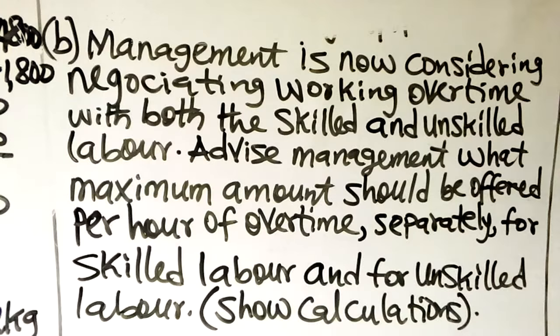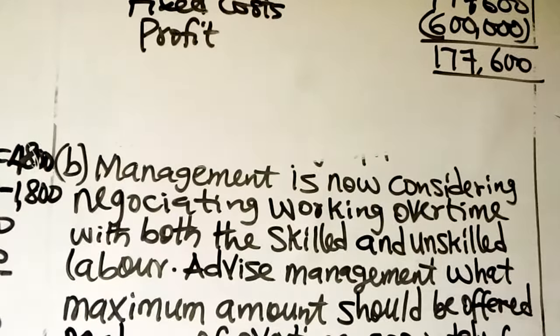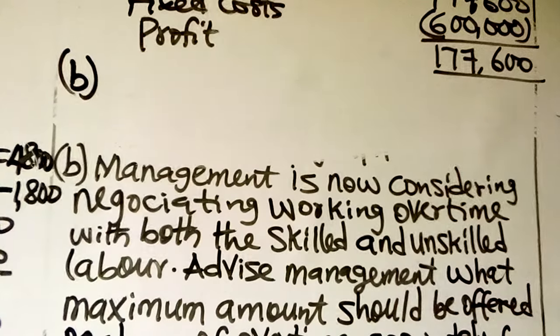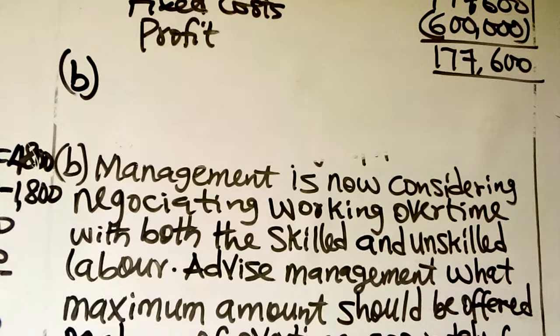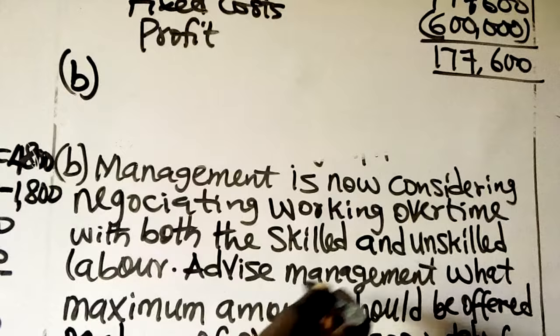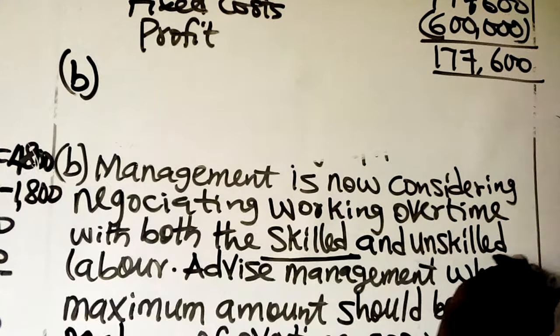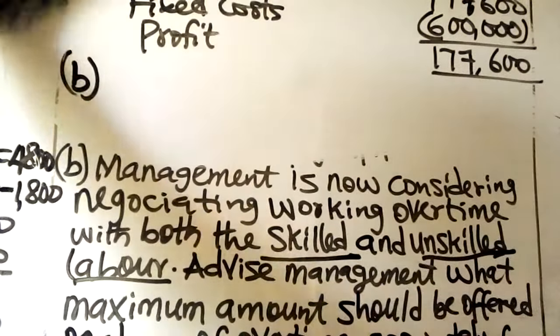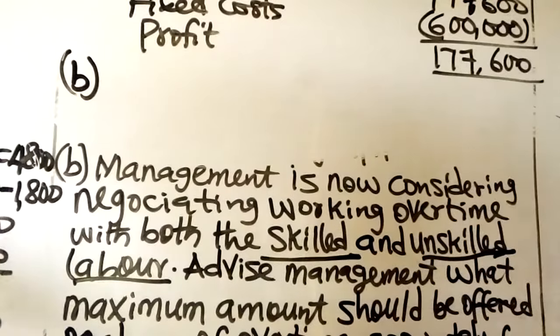So now for requirement B, I want to use the dual formulation method in calculating the shadow price. And remember, you have been told that the binding constraints are skilled and unskilled labor.